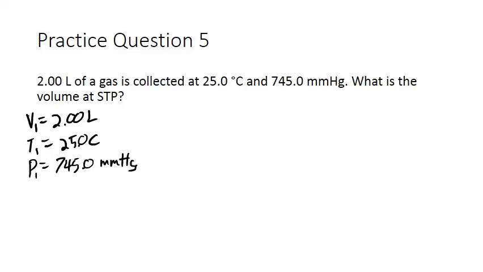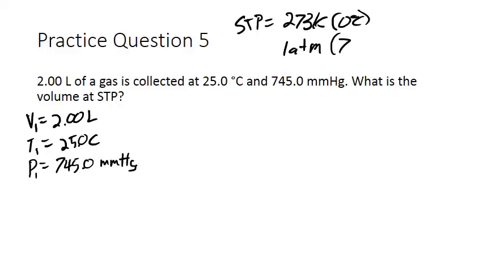What is the volume at standard temperature and pressure? So again, standard temperature and pressure is 273 Kelvin, which is also 0 degrees Celsius, and it's 1 atmosphere, or 760 millimeters of mercury. So that's what it's going to go to.